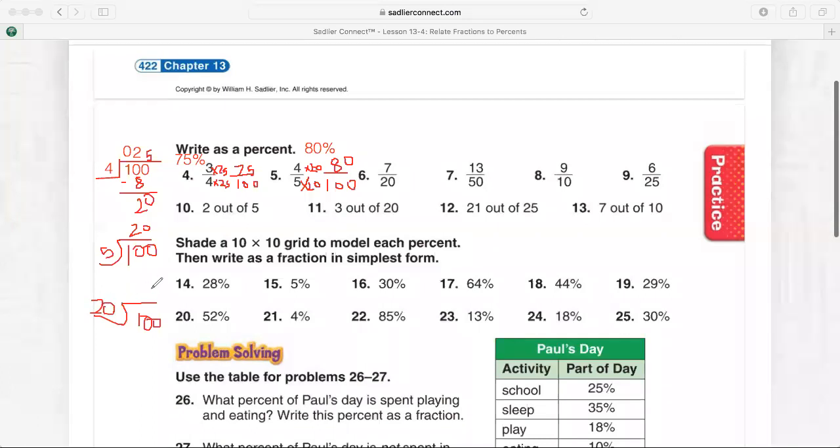So it will be 5. So when I multiply 20 by 5, it will be 100. So also I'm going to multiply 7 by 5. So it will be 35 in the numerator. So my answer here will be 35%.